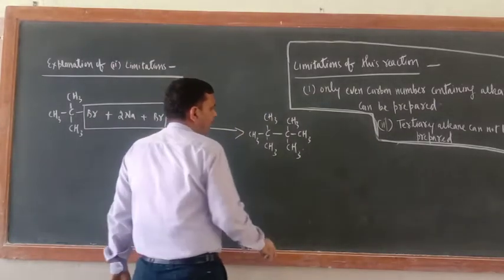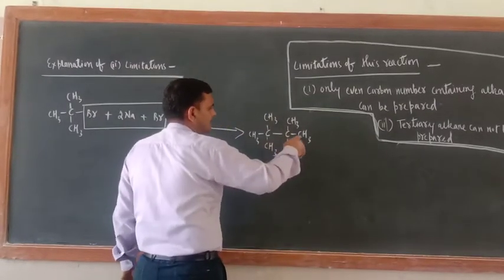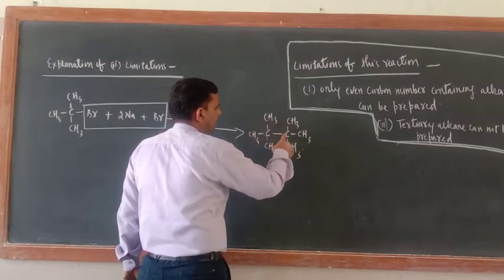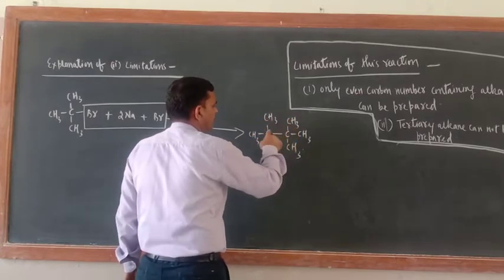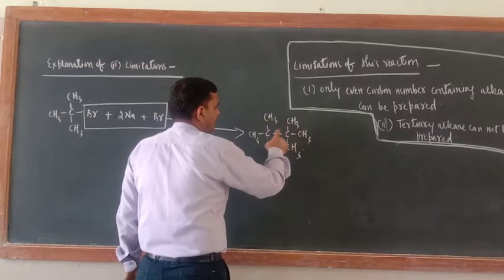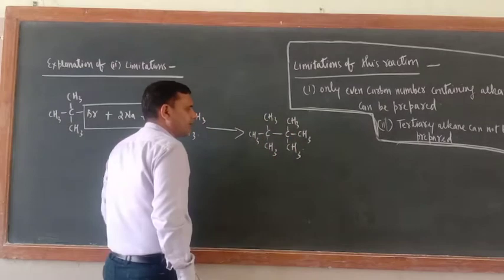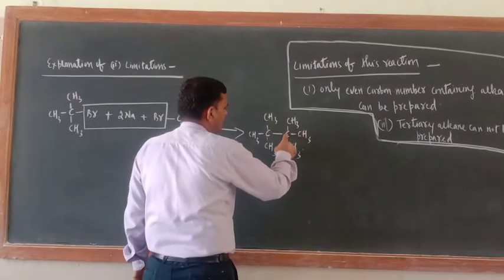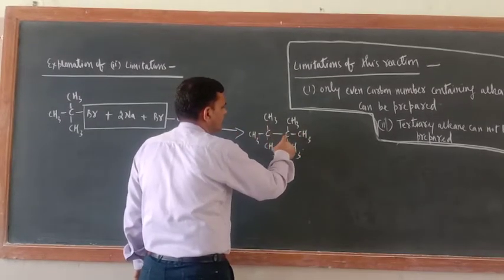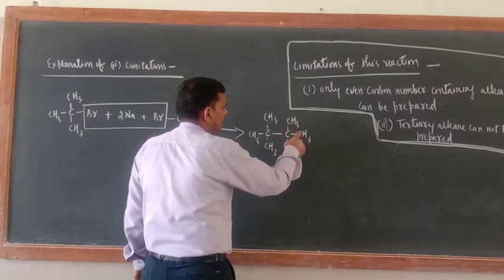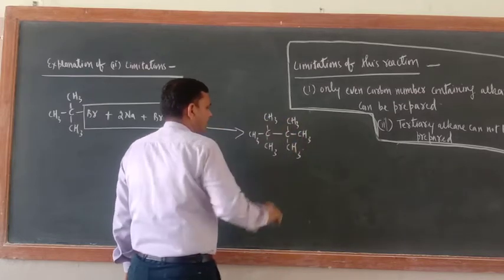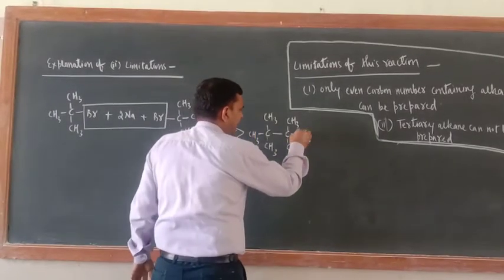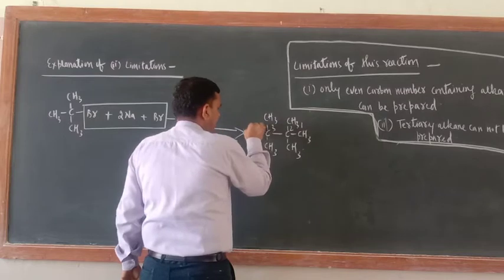Okay, number it. What kind of alkane is this? 1 2 3 4, or 1 2 3 4 from any side; everywhere you will get a maximum of 4 carbons only.